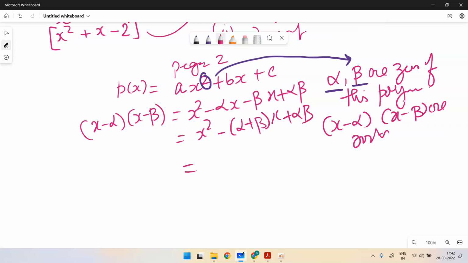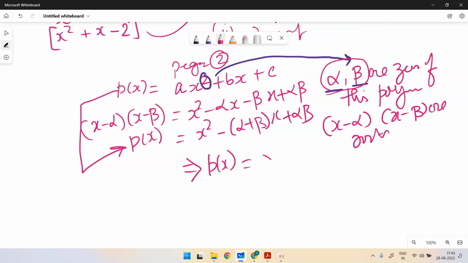This is also p of x because the degree is 2. If I take a common, p of x equals a times x square plus b by a x plus c by a. Now I compare these two equations.